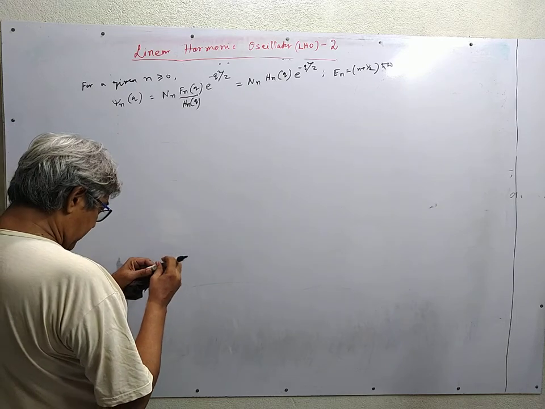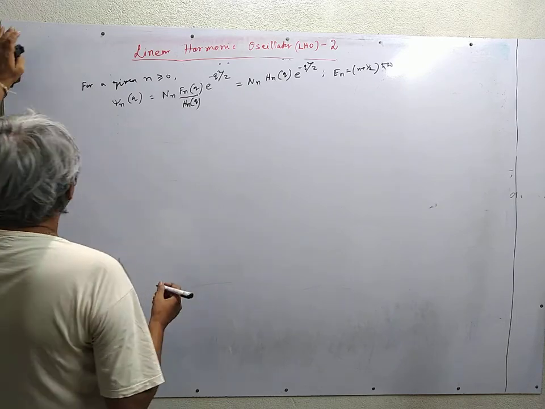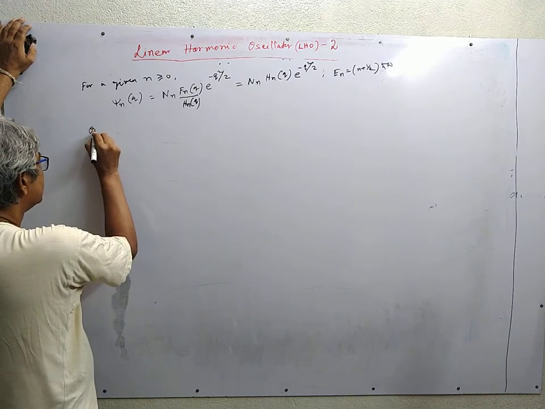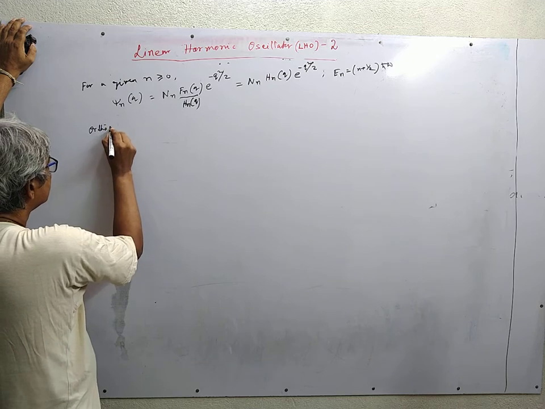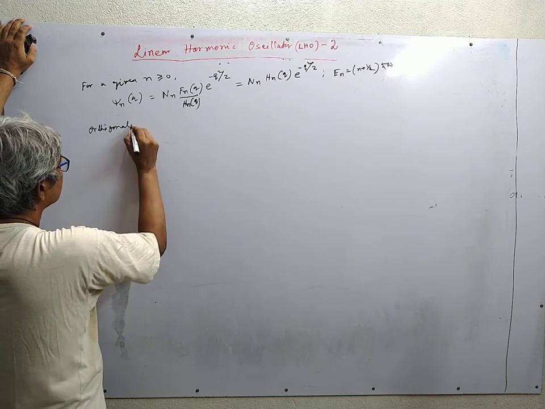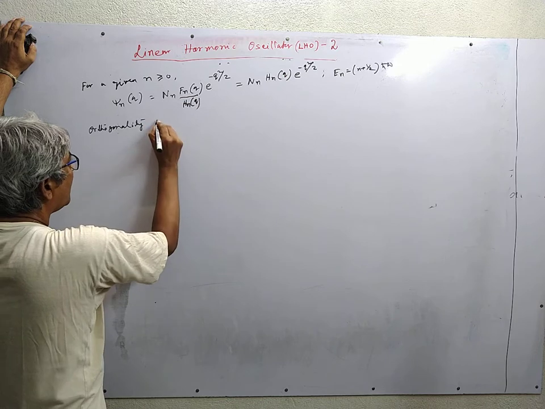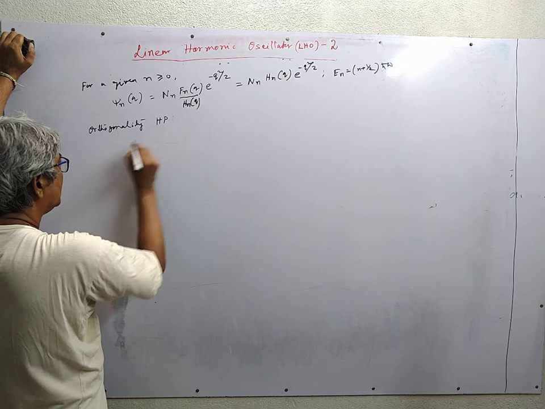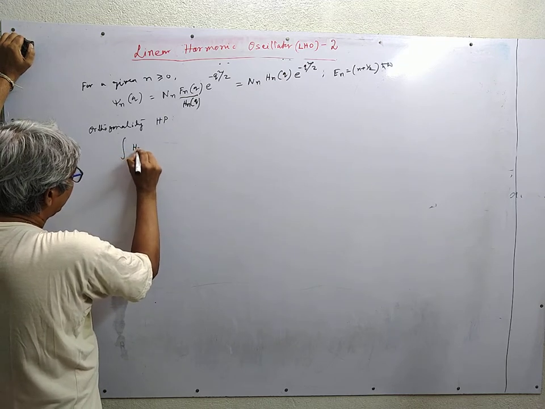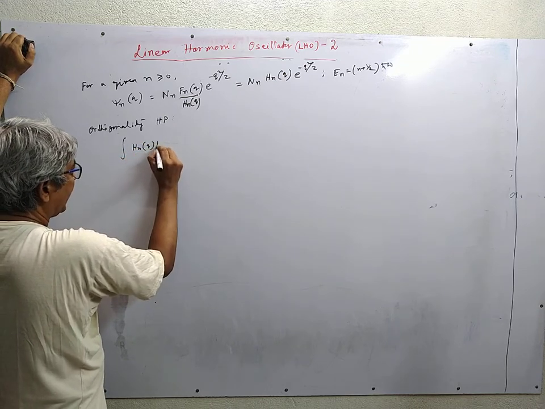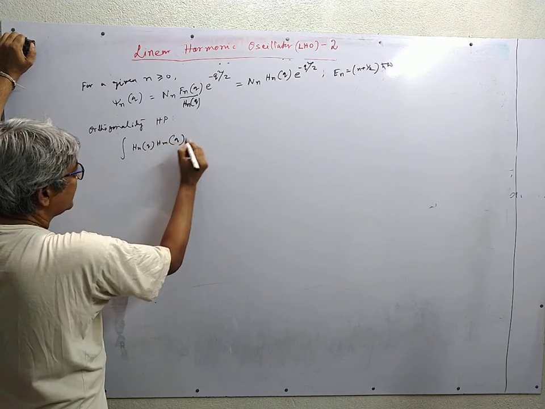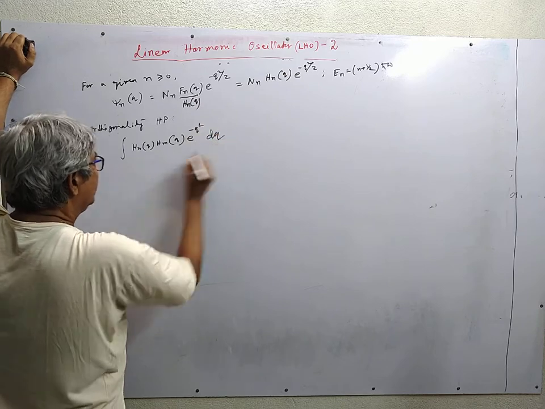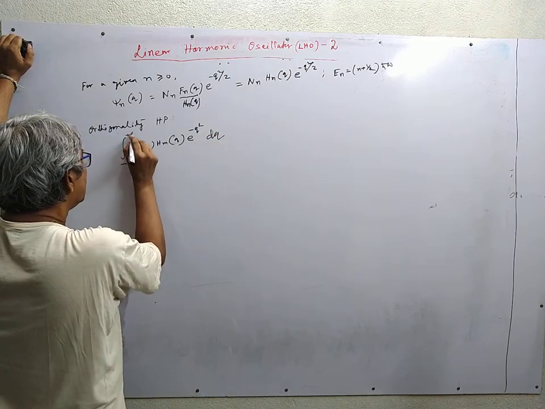Before going to the normalization, let me recall the orthogonality property of the Hermite polynomial, which is the integral of H m of q, H n of q, e to the power minus q square dq from minus infinity to plus infinity.